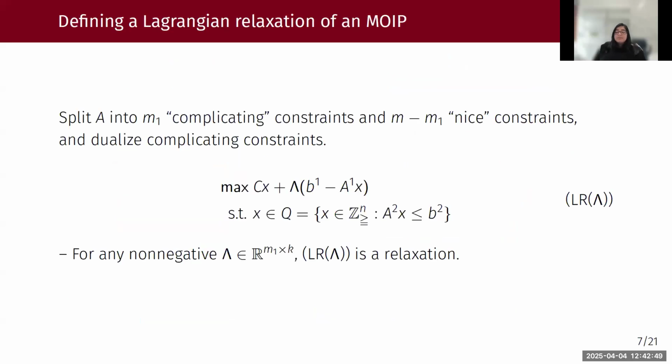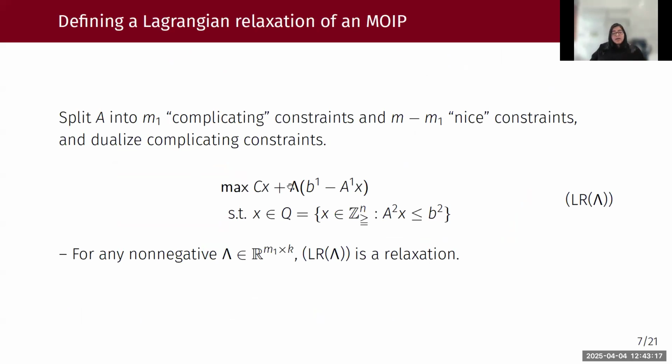Okay. But with that, we can define the Lagrangian relaxation, again with direct analogs. Suppose I have some nice constraints and some complicating constraints. I will try to dualize the complicating constraints by adding a Lagrange multiplier. Normally, if I was dualizing M1 constraints, I would have a vector of length M1.